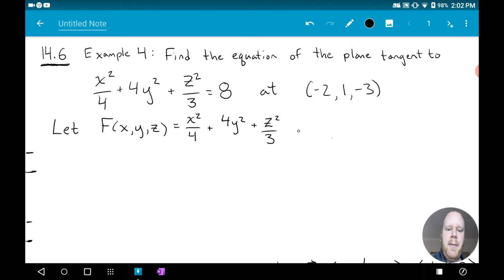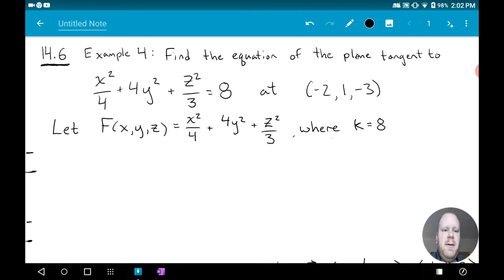Normally in your book you would set this equal to k, but I think it's just a little bit cleaner to not have multiple equal signs on here, so I'm going to say where k is equal to 8, that's the constant that this function is equal to.